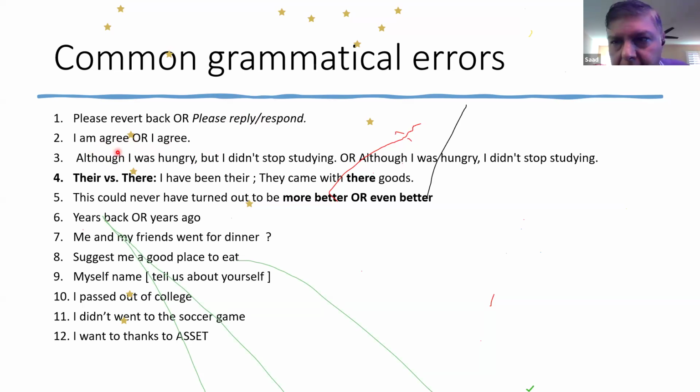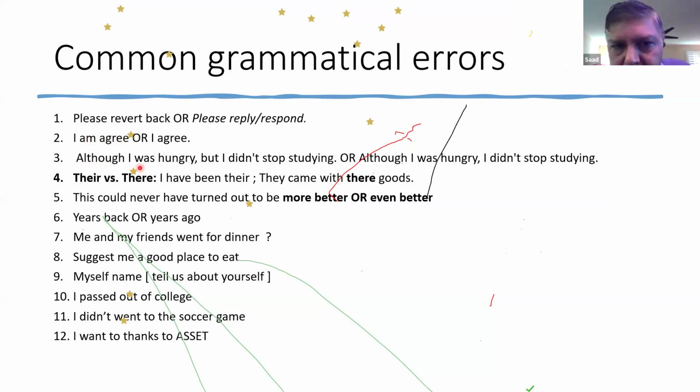Okay, Kulsum, anyone else raising hand? Sir, I agree is the right phrase. Okay, yeah, that's correct. I am agree is incorrect grammatically. You have to say, I'm agreeing with you. That's a different story. But you cannot say this.